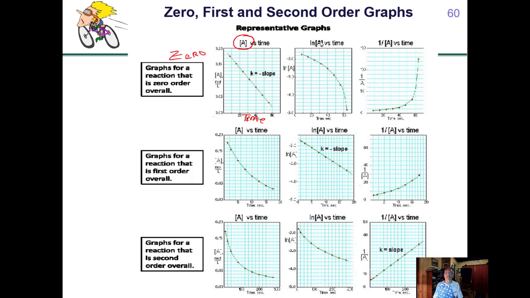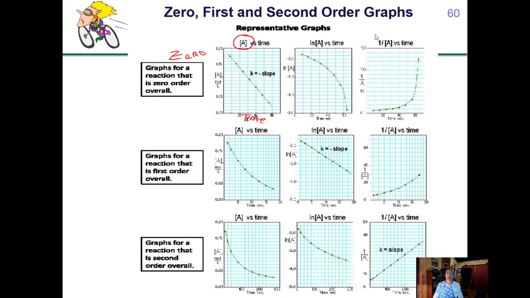If I were to graph the natural log of A versus time, presuming that it's a first order reaction, I get a curve. With any kind of a curve, I know that it is not first order. And if I do the same thing with the inverse of concentration versus time, and I get some kind of a curve, then I know it's not second order.